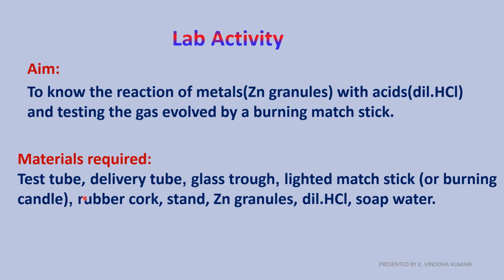So these are the materials required for our lab activity. Let us try to conduct the lab activity and see what is the gas that is evolved, and we'll test it by using a burning matchstick.